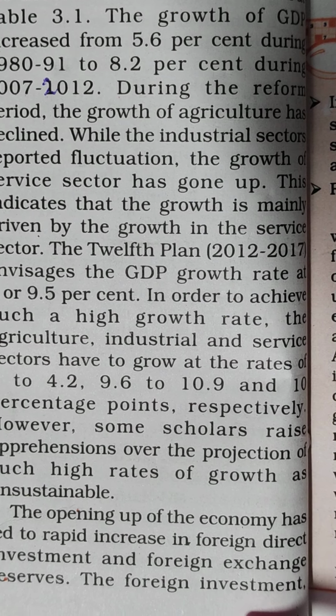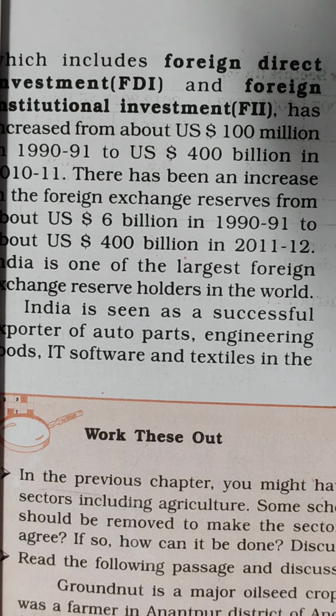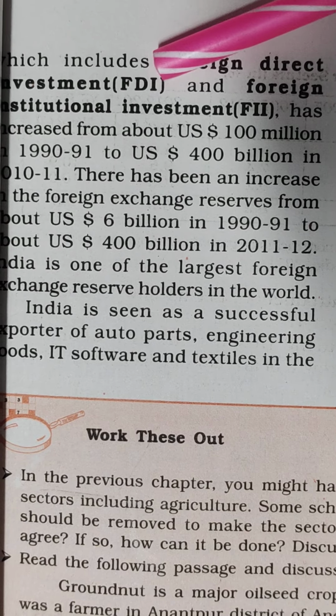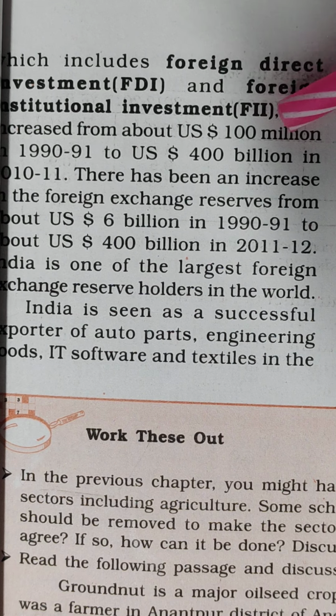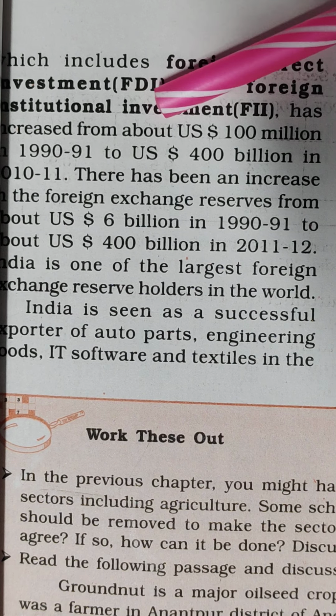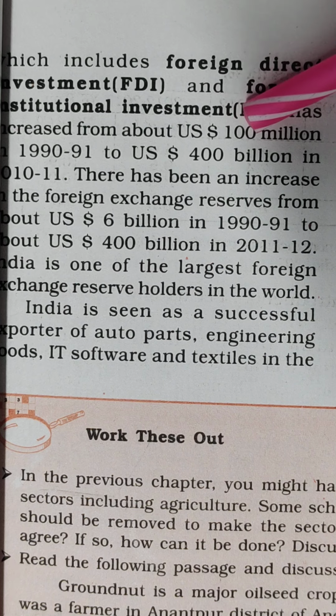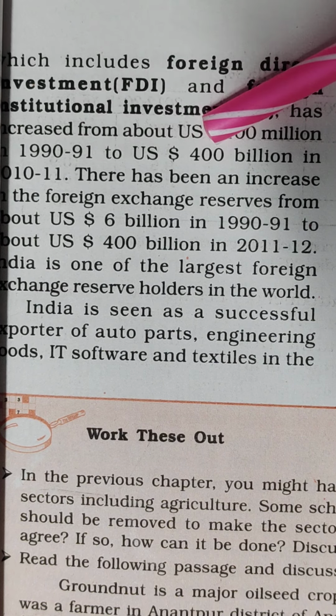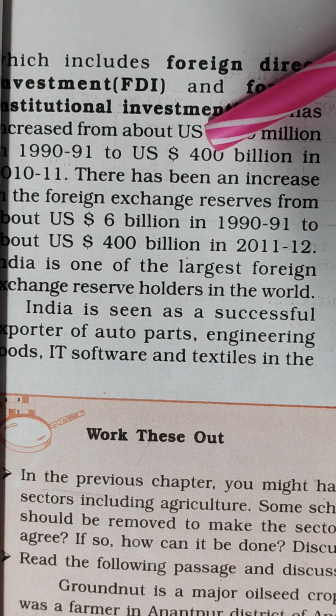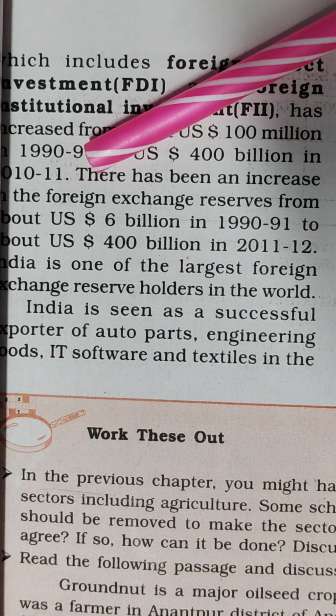The foreign investment, which includes foreign direct investment, that is FDI, and foreign institutional investment, that is FII, has increased from $100 million in 1991 to $400 billion in 2010-11.